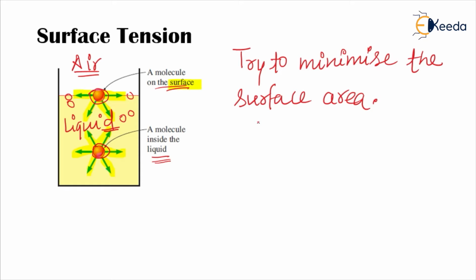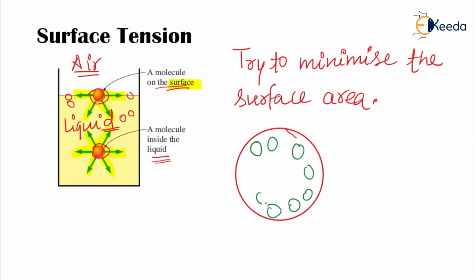We should keep in mind that this is only the front view. Let me show you the top view. Suppose we have a top view in the shape of this circle.